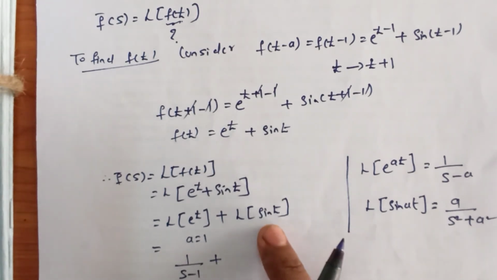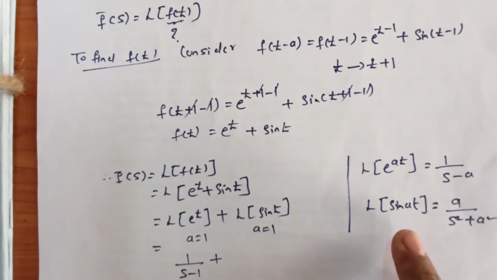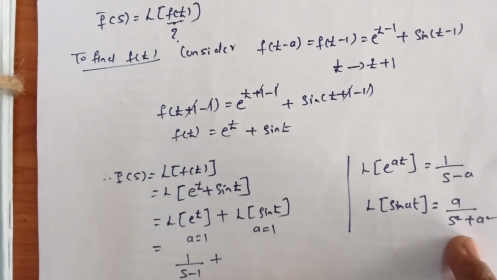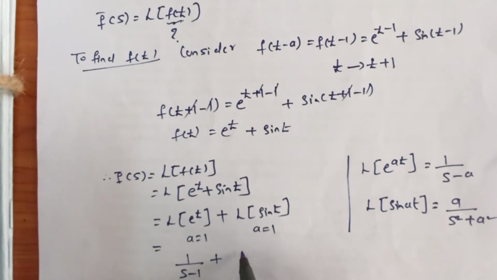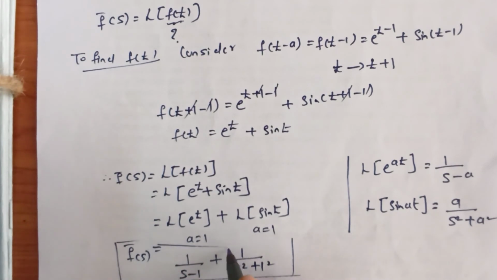You can see this is of the form sine at, where a is equal to 1. So putting a equals 1 in this formula, we have 1 divided by s square plus 1 square. So this is my f bar of s. Now I know what my f bar of s is.